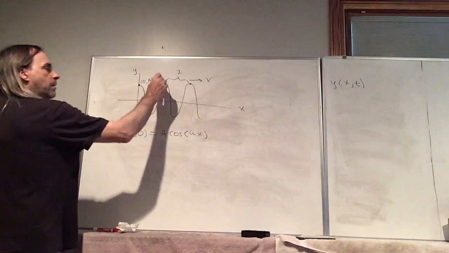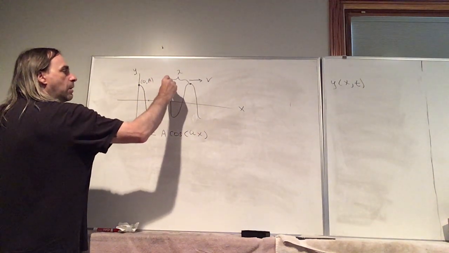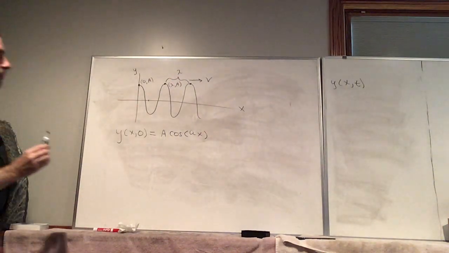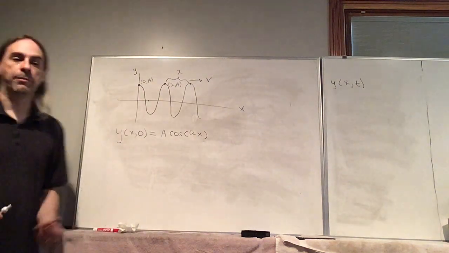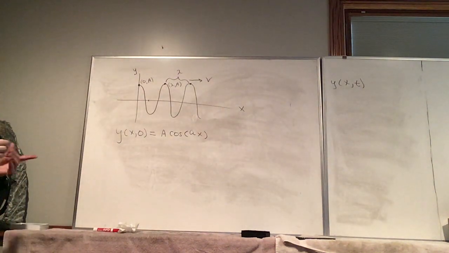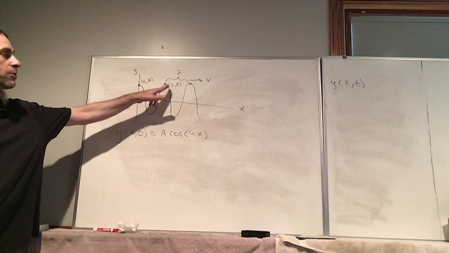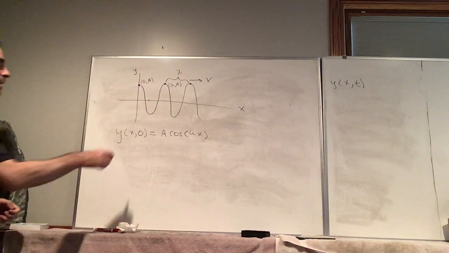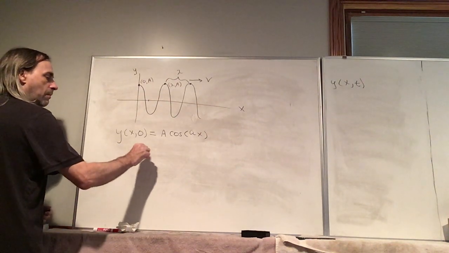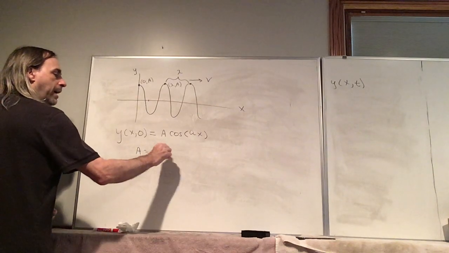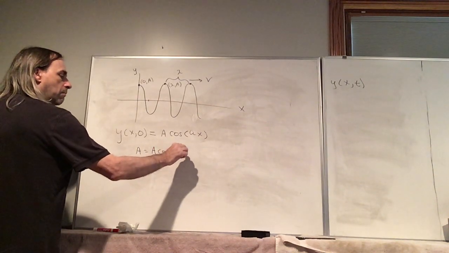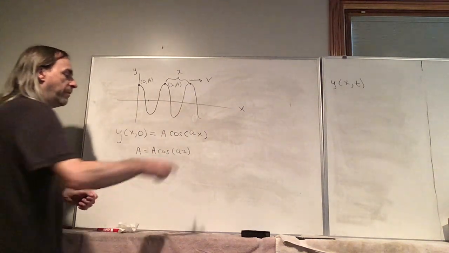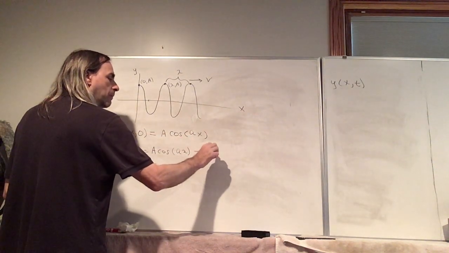And at this point, we've completed a cycle, and so we're back to that same amplitude a, but now the x-coordinate is lambda. So this point here has coordinates lambda, comma a. So let's plug that in. The y-coordinate is a, and that's equal to a cosine of lowercase a times lambda.